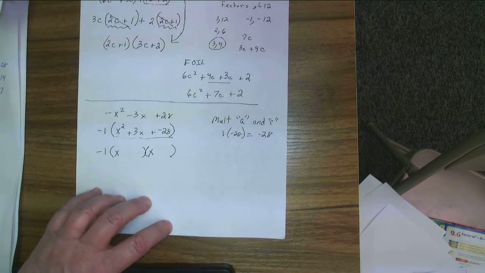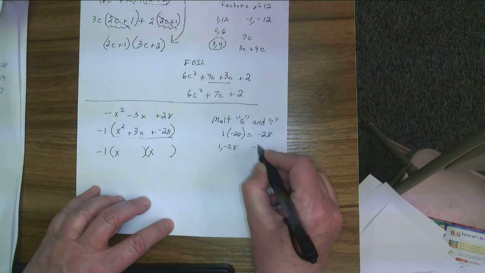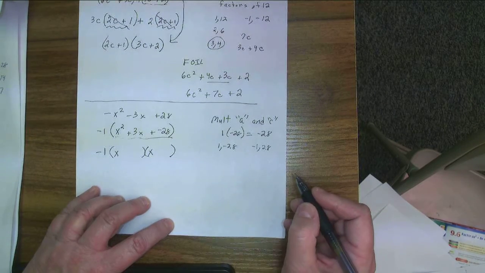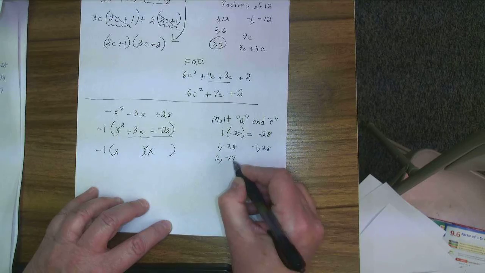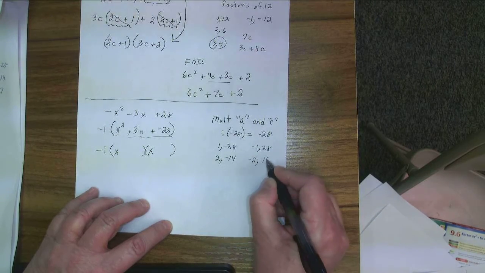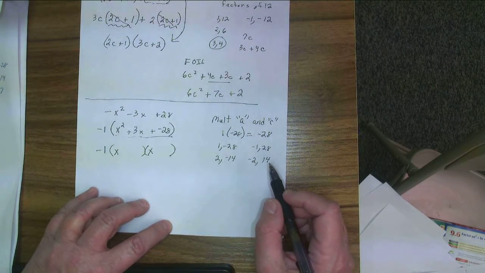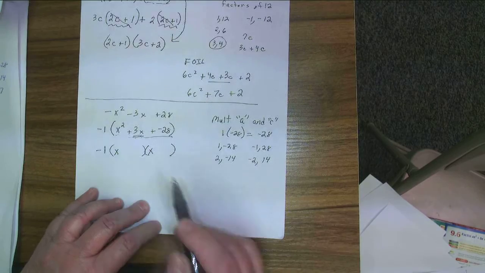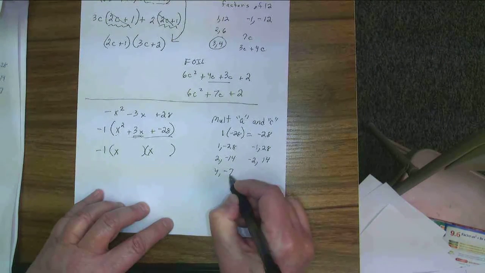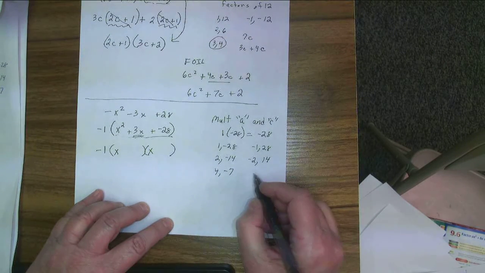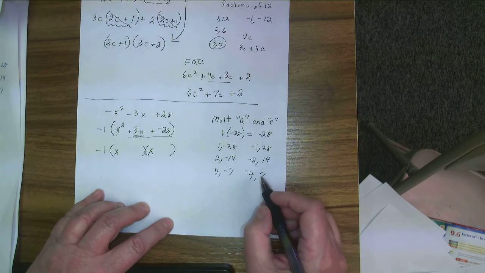So to get a negative, when we break down the factor pairs, we need one positive and one negative. So we would have 1 and negative 28, or negative 1 and 28. 2 is a factor. We would have 2 and negative 14, or negative 2 and 14. We're looking for a sum of 3 in the middle, so we can break that down. 3 is not a factor. 4 is 4 and negative 7, negative 4 and positive 7.